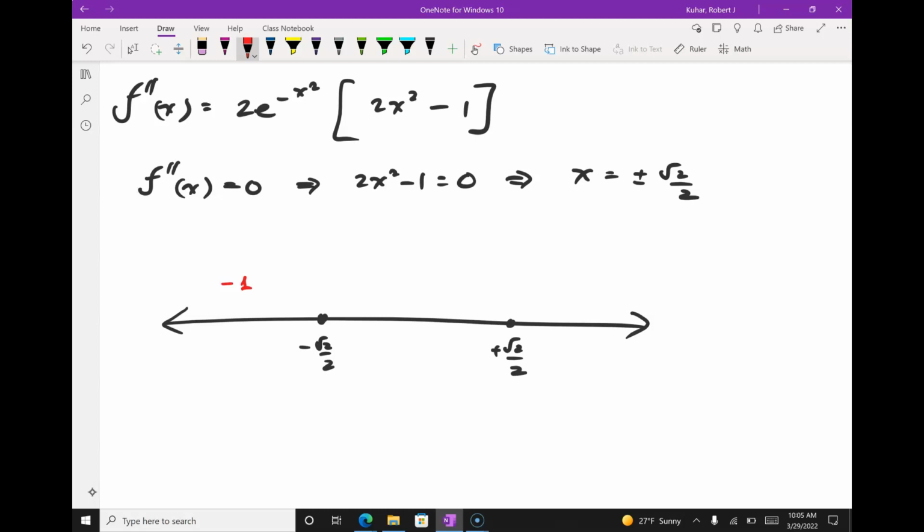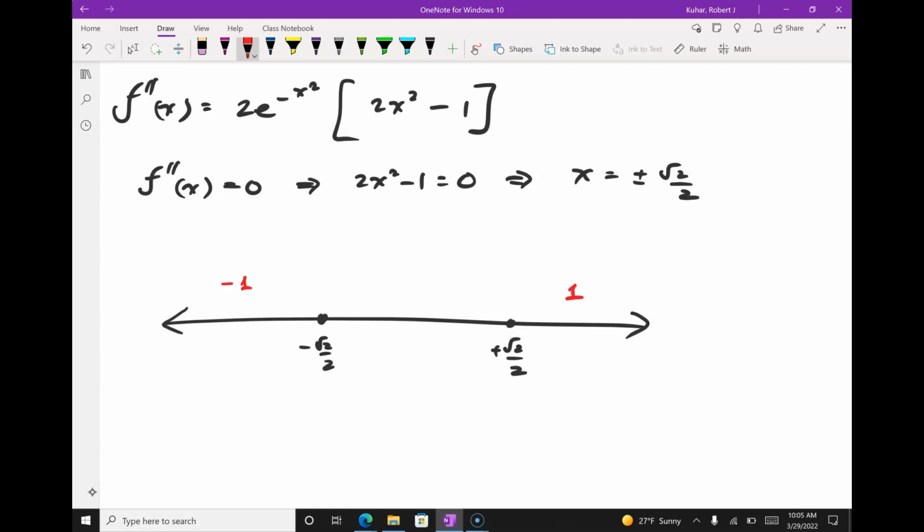If I can take integers, I will, right? Is that right? Yeah, -1, right? Square root of 2 over 2 is what? Yeah, it's less than 1, right? So -1 and positive 1 will work.